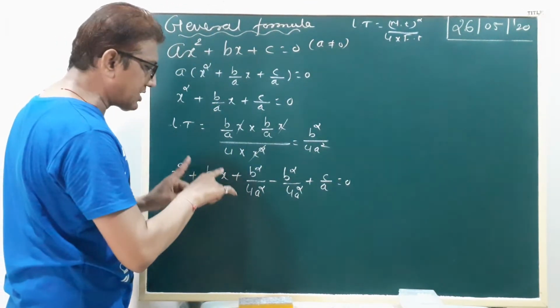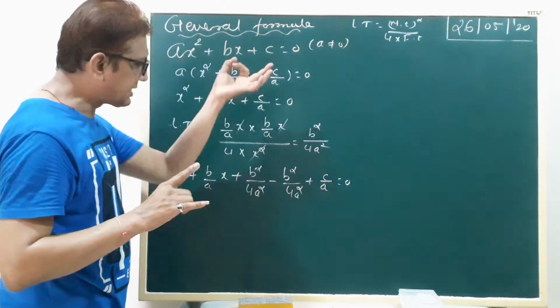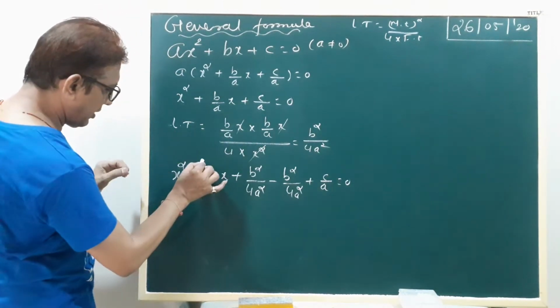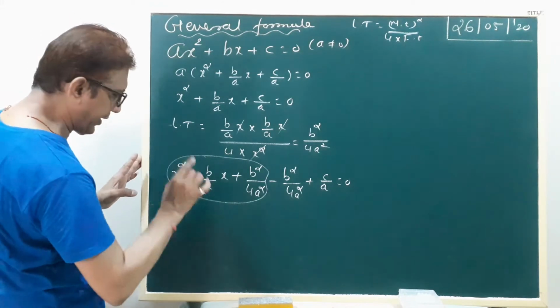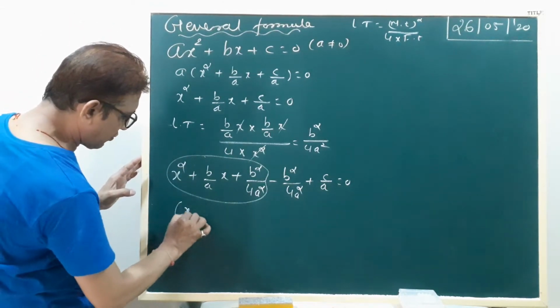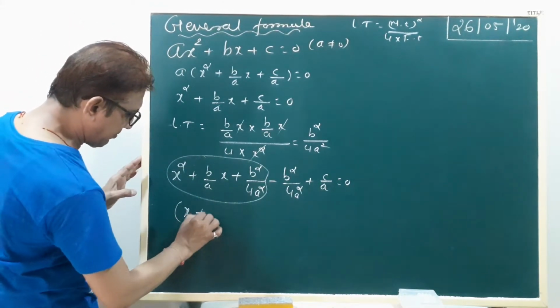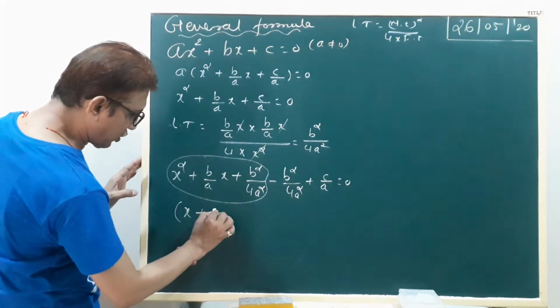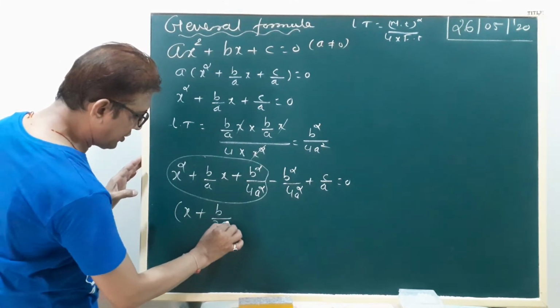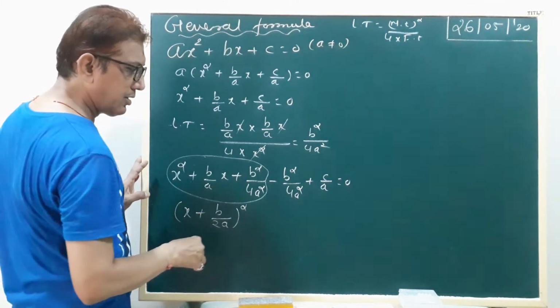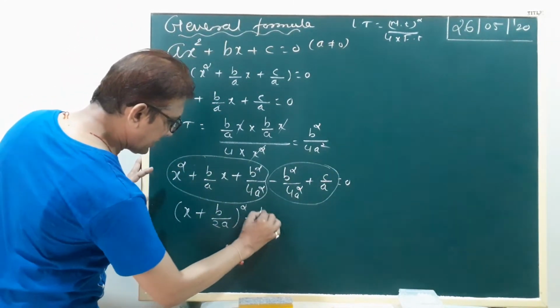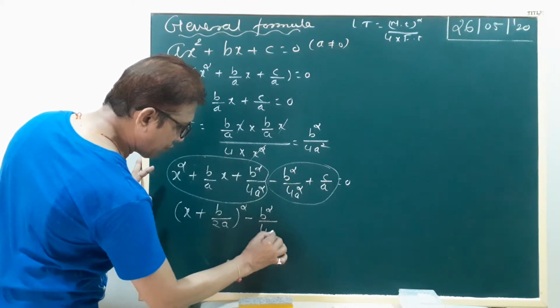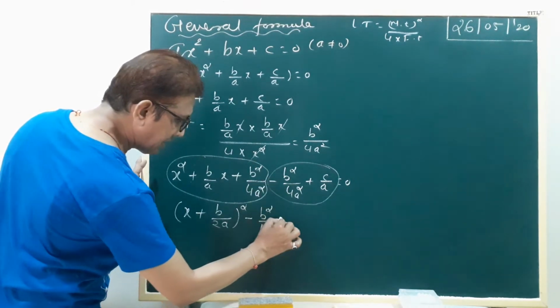We use the last method, the completing square method, exactly the same. Okay? Now these are your first three terms, and it is a perfect square. Square root of x square is x, middle term sign, and square root of the last term is b upon 2a, whole square. Now in these two terms, simplify: minus b square upon 4a square as it is, plus c upon a.